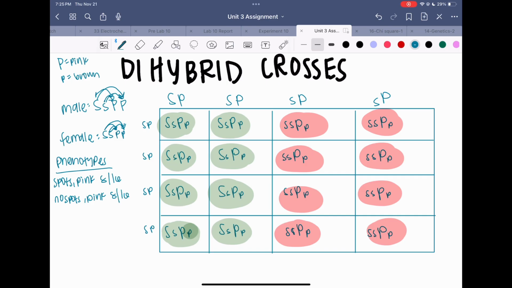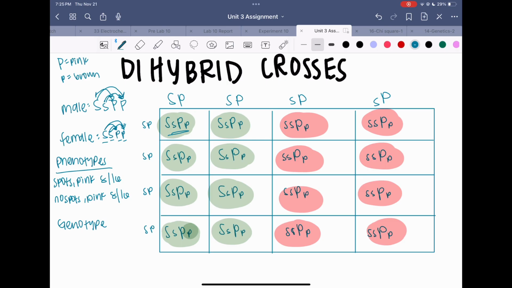We could have done a different setup here, which would have made a lot more variety in the types of offspring. So that's the phenotypes, and then the genotypes. Same thing. It's just if it has a big S or a big P, it's spots and pink, and a small s, big P, no spots and pink.